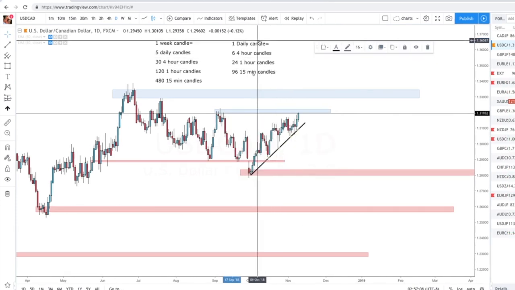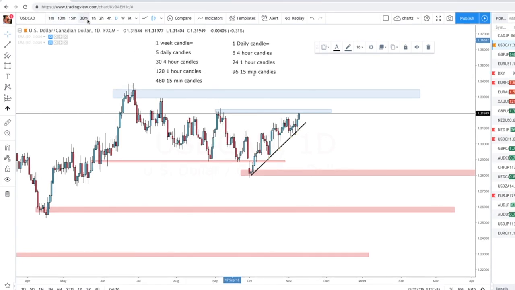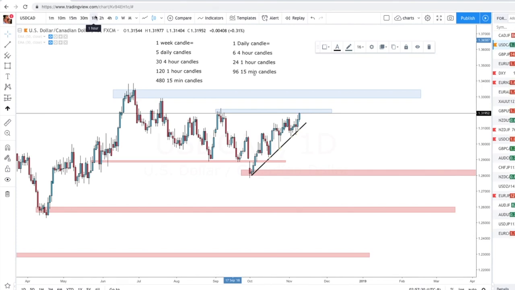So this will tell you right here that the higher time frame shows stronger momentum and stronger zones, and then the 15-minute, the 30-minute time frames show weak zones. So we always want to identify the strong zones and then just break it down on the 4-hour and 1 hour to get our entries and identify new zones.